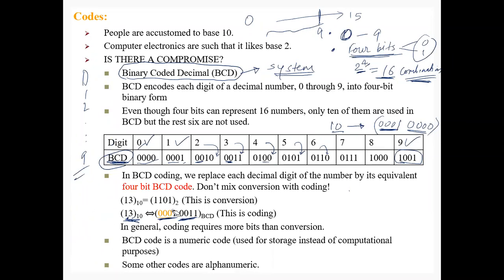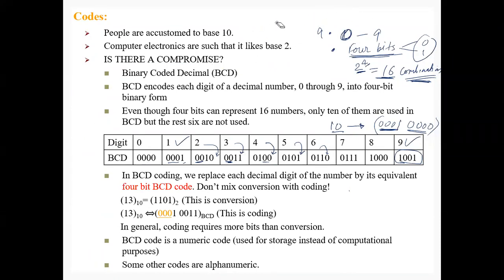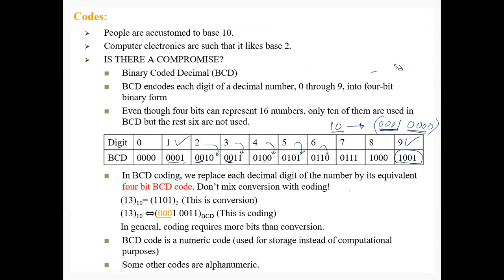Now the BCD code is a numeric code. As you can see, it just represents 0 through 9, which are just numbers. How about other characters? We represent a lot of stuff in computers.